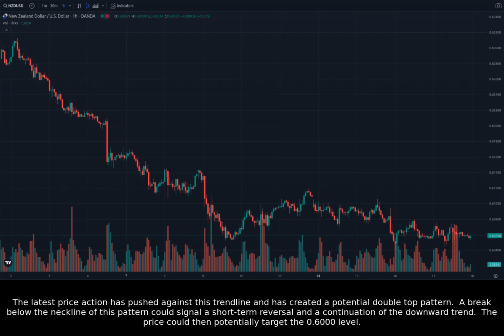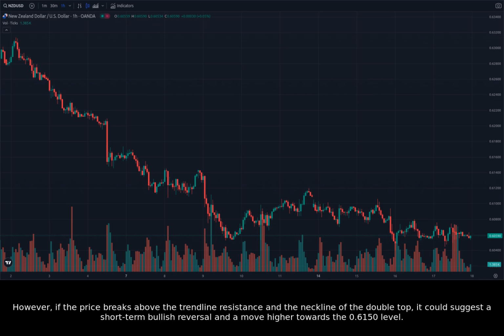A break below the neckline of this pattern could signal a short-term reversal and a continuation of the downward trend. The price could then potentially target the 0.6000 level. However, if the price breaks above the trendline resistance and the neckline of the double top, it could suggest a short-term bullish reversal and a move higher towards the 0.6150 level.